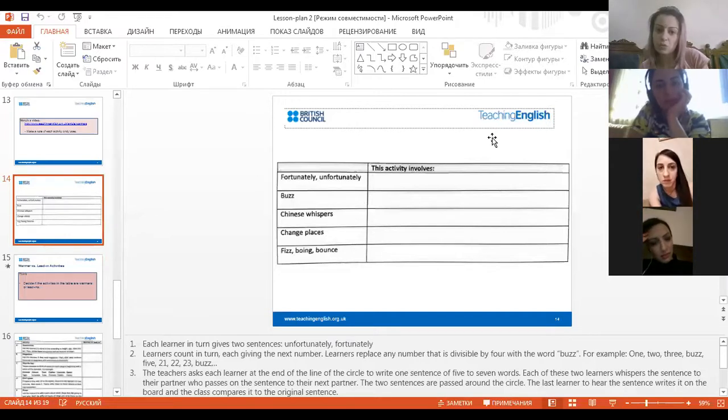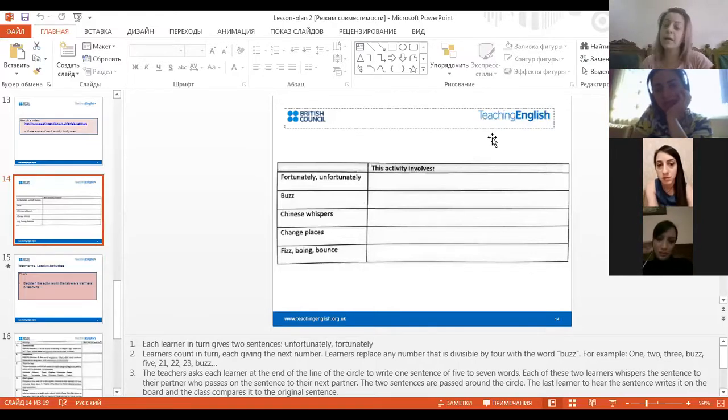What about the second one, bounce? It can be leading, I think. 1, 2, 3, bounce. Yes, we can choose the vocabulary that we are going to use during the lesson and lead them to prepare for the theme, for the topic, yes?